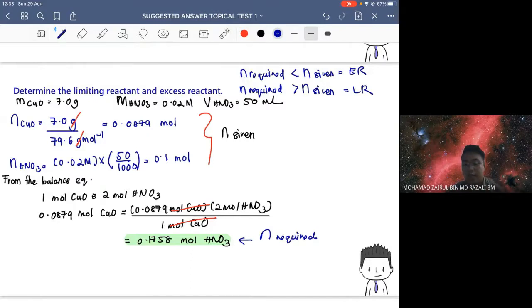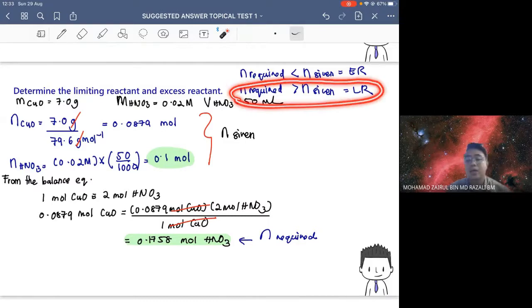Okay, sekarang ni saya nak tahu HNO3 ini adalah limiting reactant atau tidak. Okay, kita tengok. Mole required HNO3 is 0.1758 mole. Mole given is 0.1. So, if you look at ni, the mole required is larger compared to the mole given. So kalau mole required lagi besar daripada mole given, dia adalah limiting reactant.